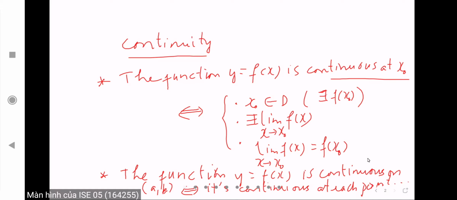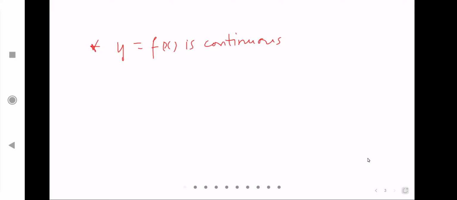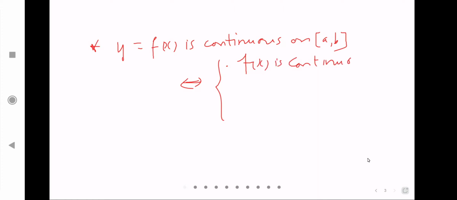And the next condition: y equals f(x) is continuous on the closed interval from a to b if the following is satisfied. The first condition: it is continuous on the open interval (a, b).